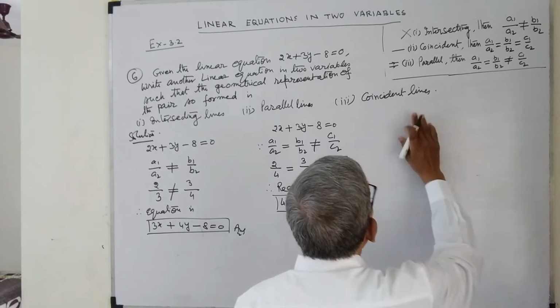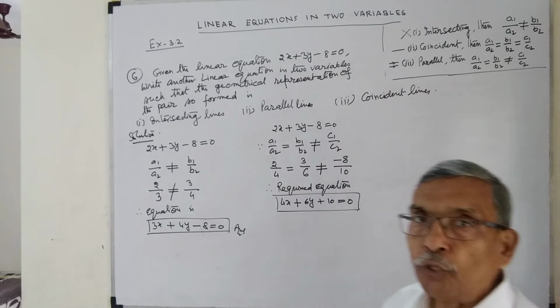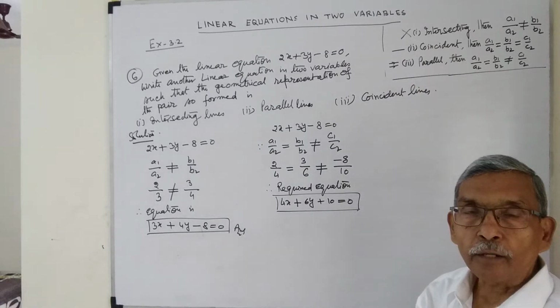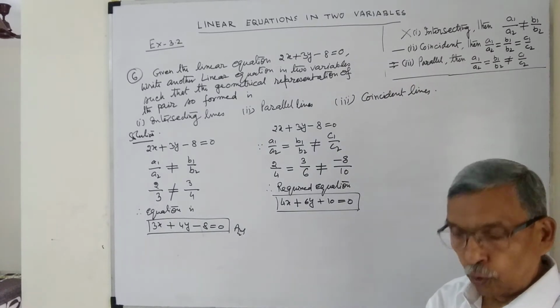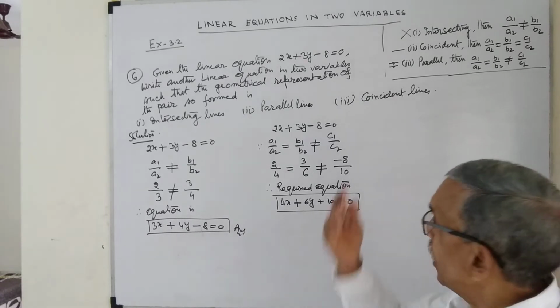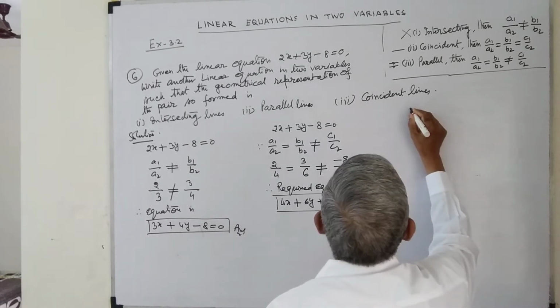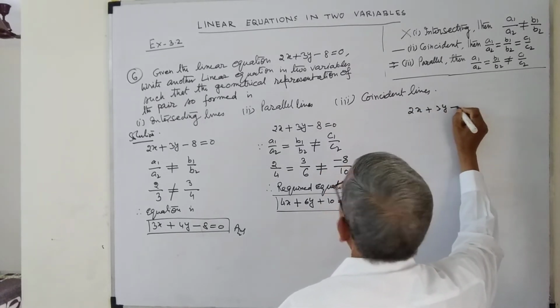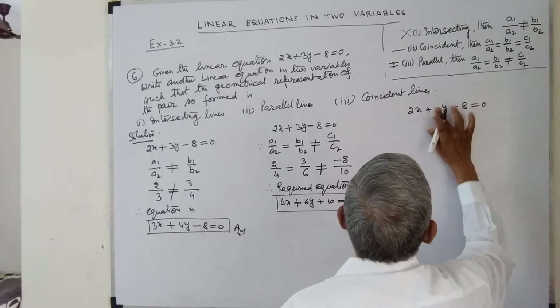Now for the coincident condition, the condition is that a1 upon a2 should be equal to b1 upon b2, which should be equal to c1 upon c2. So let us see. This is our equation, 2x plus 3y minus 8 is equal to 0.